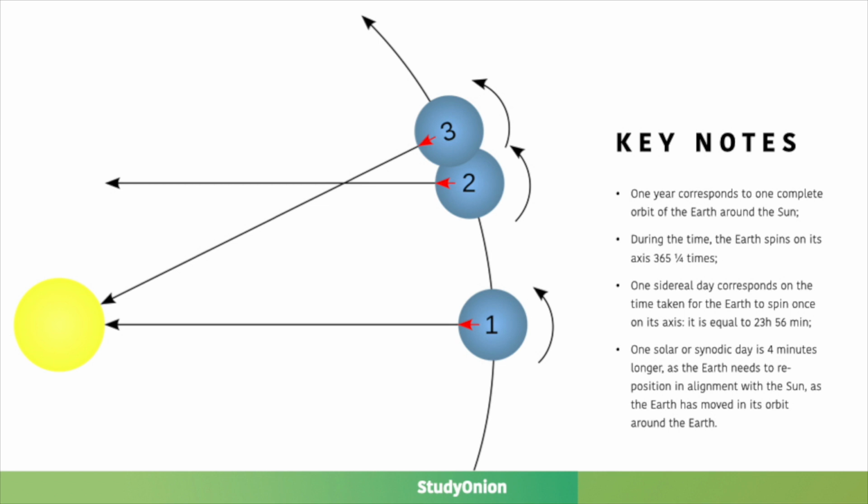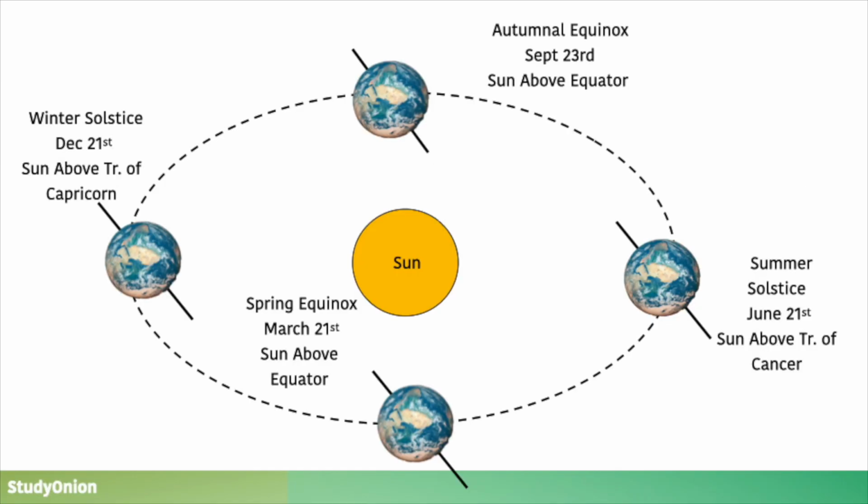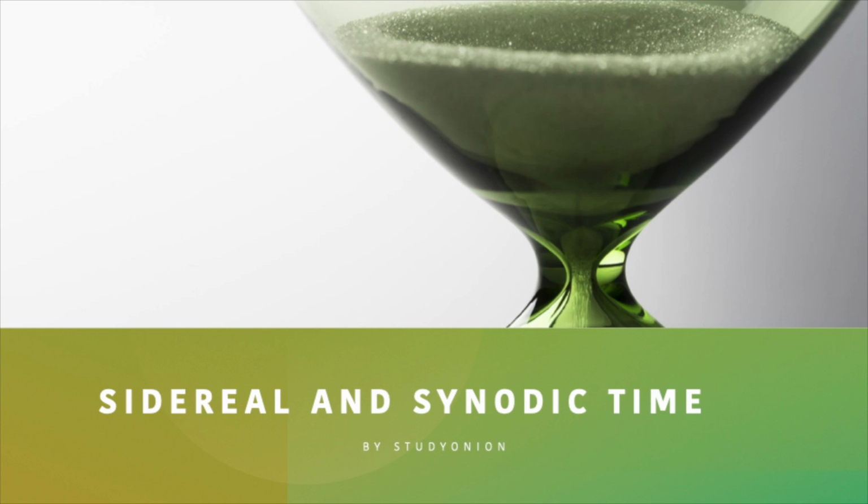The Earth's orbit around the Sun and its fixed axis of rotation explain why the Sun sets and rises at different times on different dates during the year, and explain the apparent motion of the Sun on the celestial sphere. Close to the spring and autumn equinoxes, the days and nights are roughly the same length, whereas as spring advances, the days become longer, with the times of sunrise and sunset becoming gradually earlier and later, respectively, in the day. Hopefully you learnt more about sidereal and synodic time.